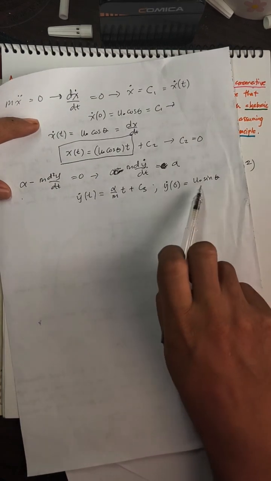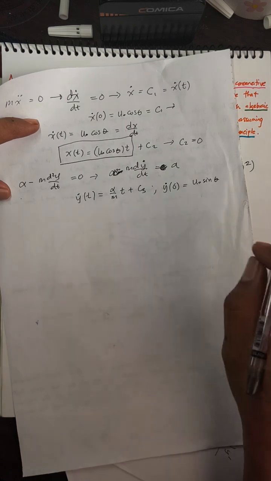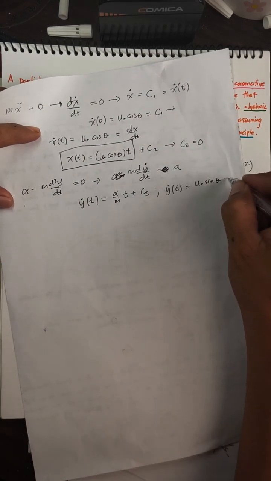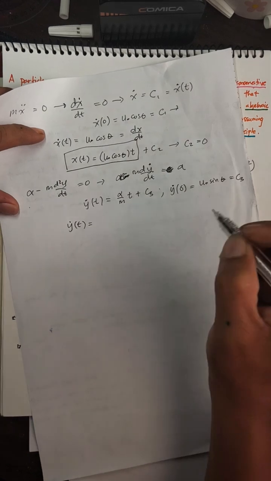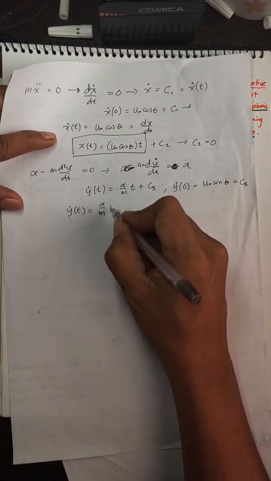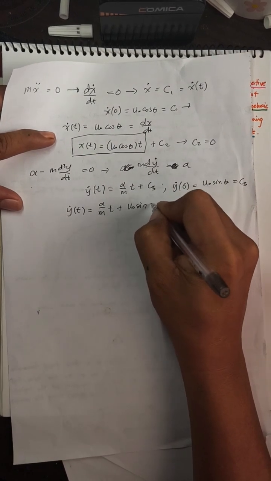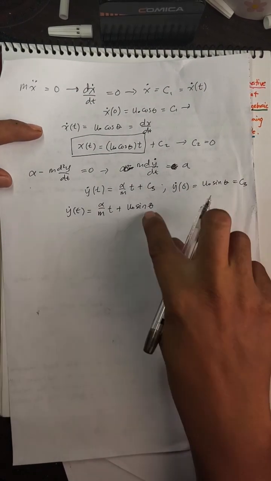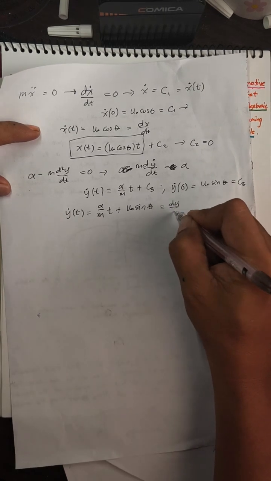If you substitute it here, you will see that c3 is just equal to u naught sine of theta. So our y dot of t is equal to alpha over m t plus u naught sine of theta. This is a constant here, and this will be our dy over dt.